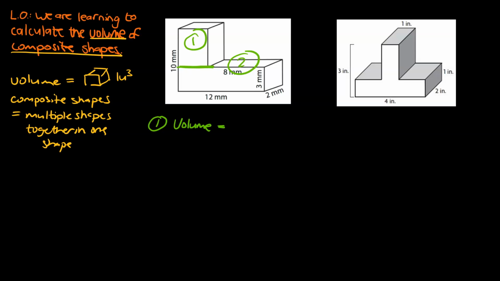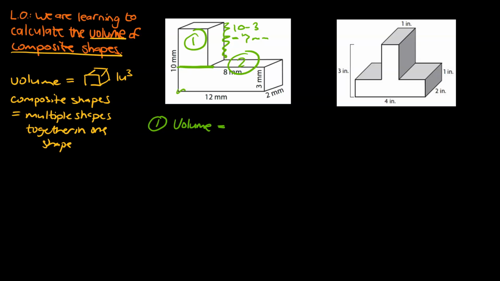We need to think, how tall is this portion of the shape here? We can see the total length is 10, but 3 of it is used up by the base, which means 10 minus 3, that leftover portion, is going to be 7 millimeters high. We can then do the same for the bottom bit of this shape.